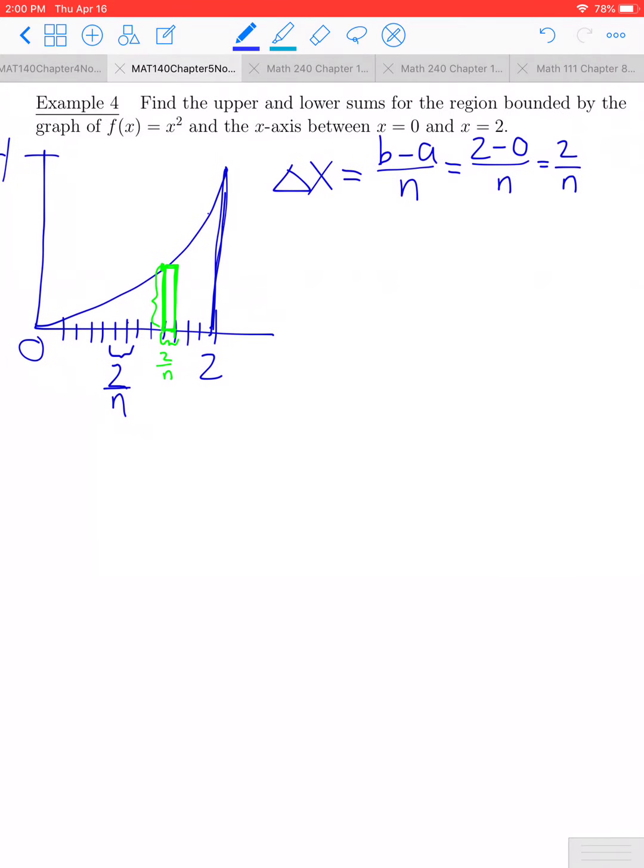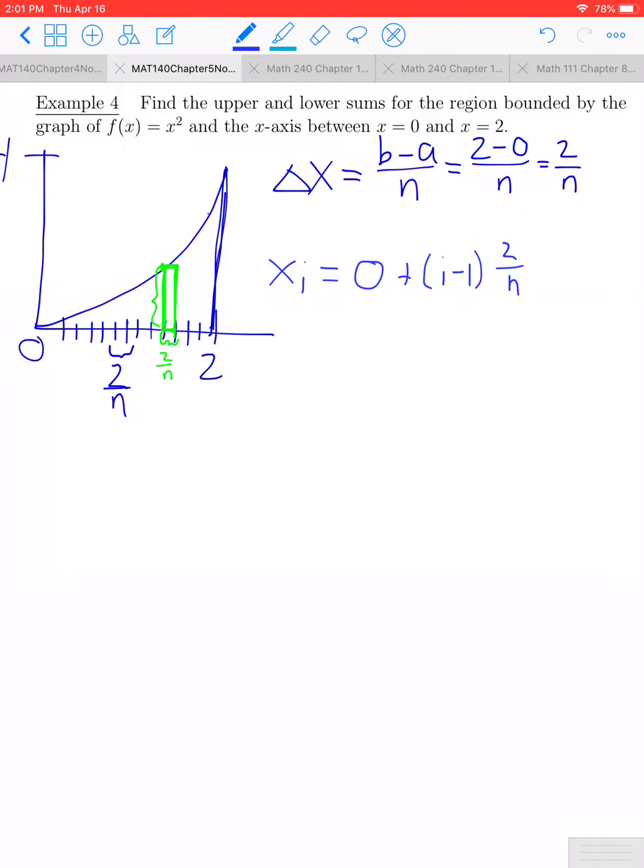What are our left endpoints going to be? Well, let's call the left endpoint in this case x sub i, because we're going to have a lot of them. We're starting at 0 as the first one, and then if we index it with i, we would add i minus 1 times 2 over n to get to the next one.